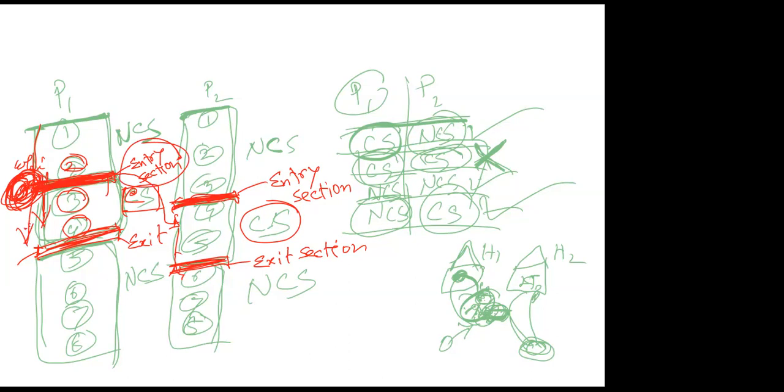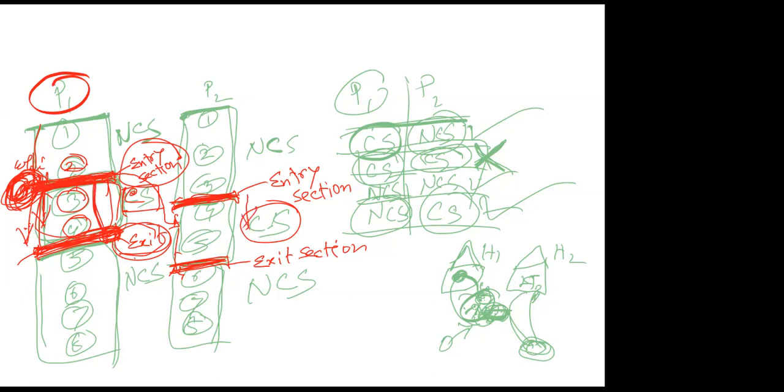Then this entry section should allow this process to go to the critical section. And once this process comes out, the exit section will ensure that this process has completed its execution of the critical section. This exit section code will reflect these things. When process P1 completes its execution of the critical section, then the other process will be allowed to enter the critical section, okay.